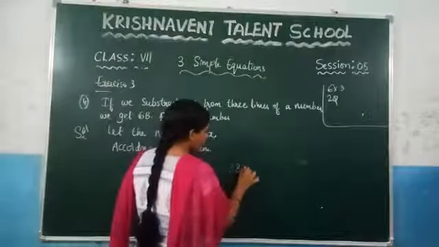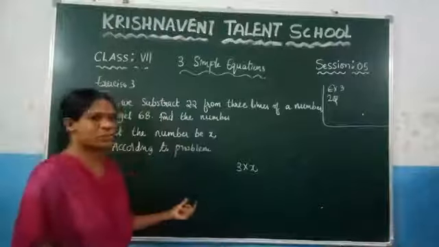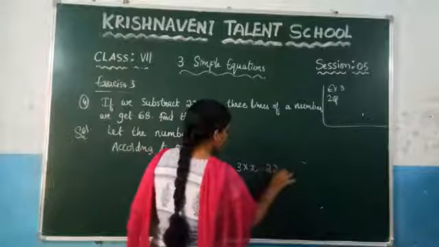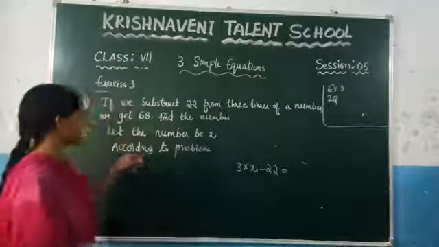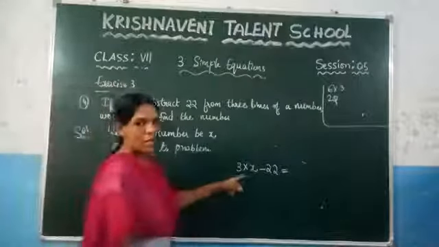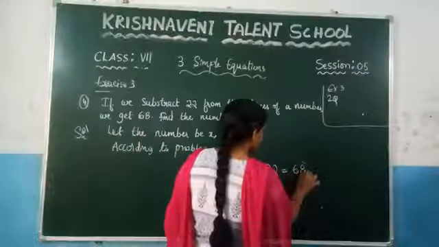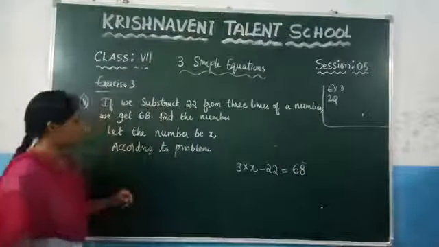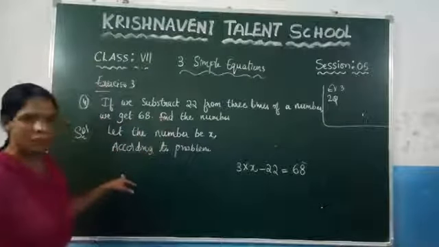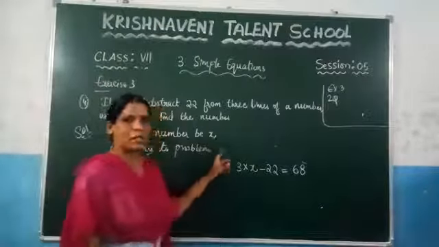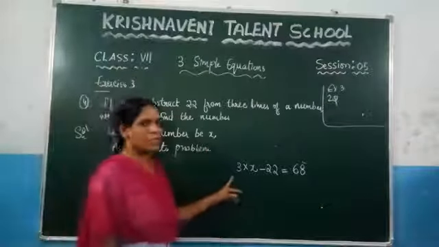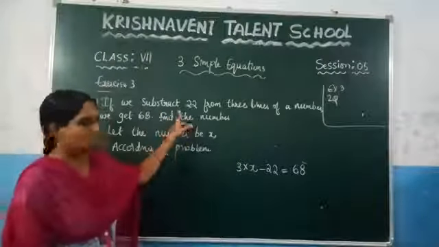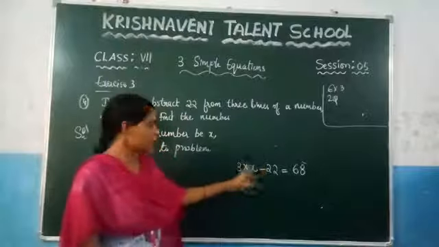So let us consider that number as x. 3 times of a number is nothing but 3 into x. Now we are subtracting 22 from this 3 into x, so that we are getting the result as 68. From that you need to find that number.